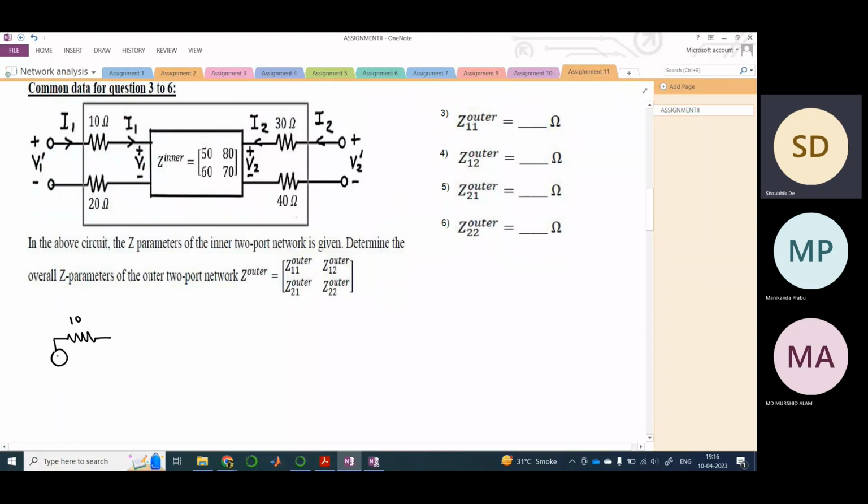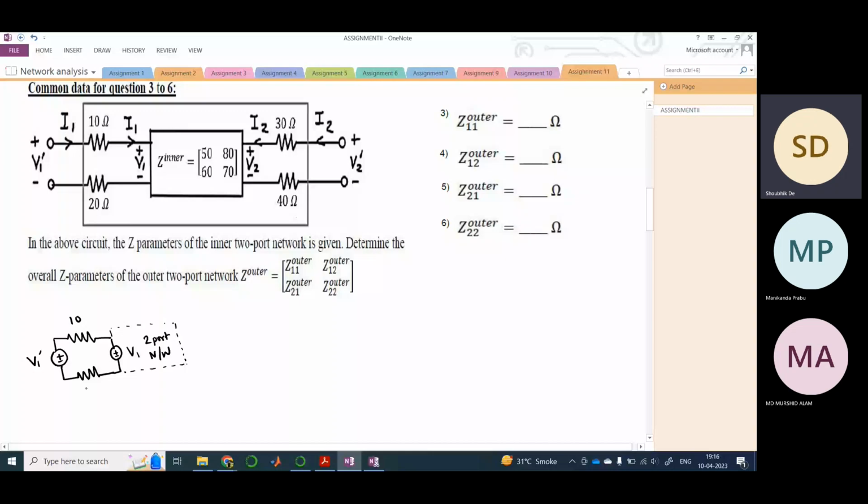This is the voltage source, which is V1 dash. And this is the 20 ohm resistor, and then this is again plus V1. Where there is another two port network, which is here, whose Z parameters are already given.